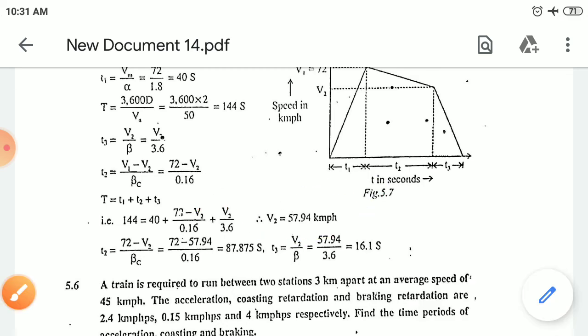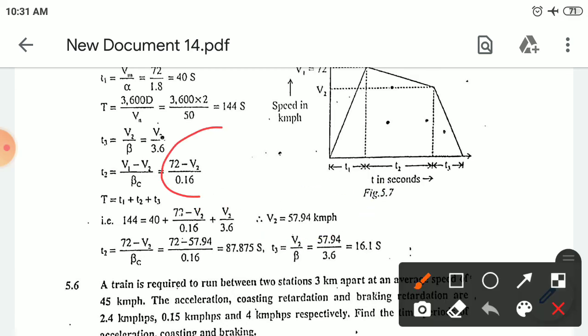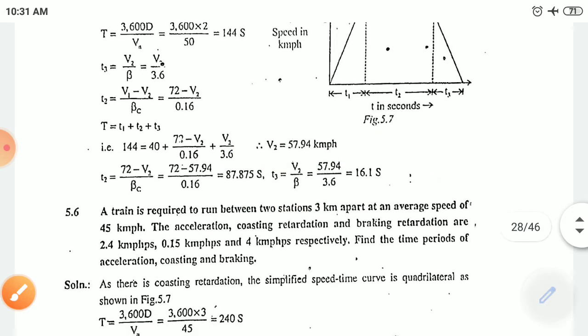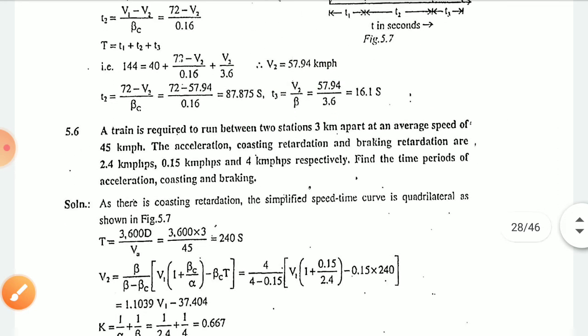Next, T2 is 72 minus V2, that is 57, divided by 0.16, so you will get T2 as 87.87 seconds. T3 is V2 divided by beta, V2 is 57, beta is 3.6, so it is 16.1 seconds. So that is the problem.